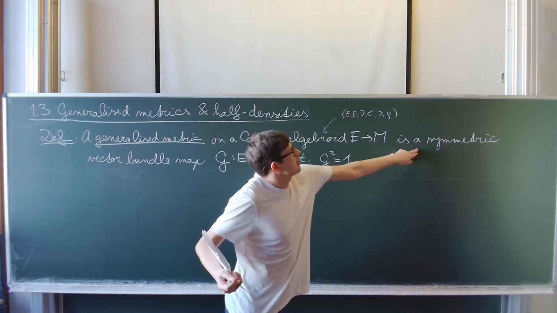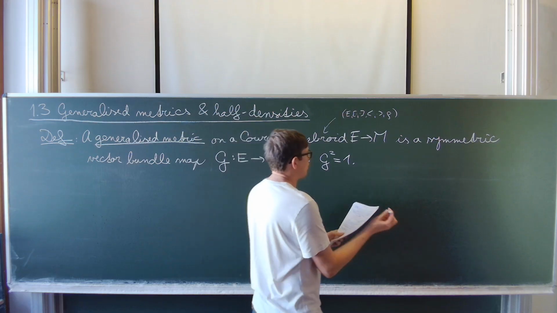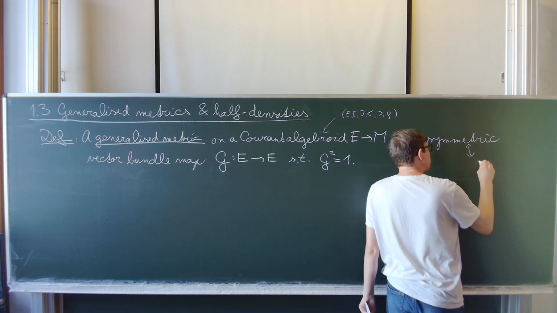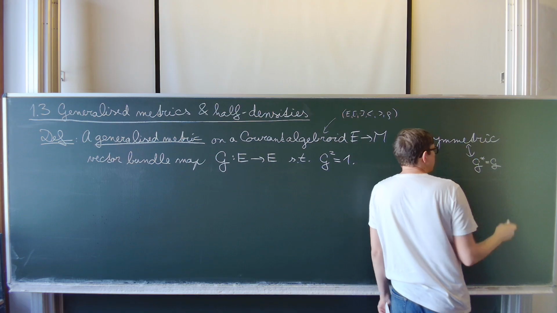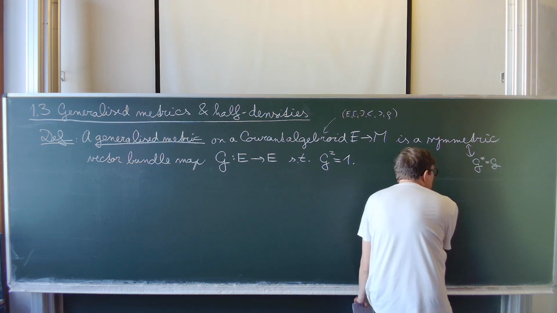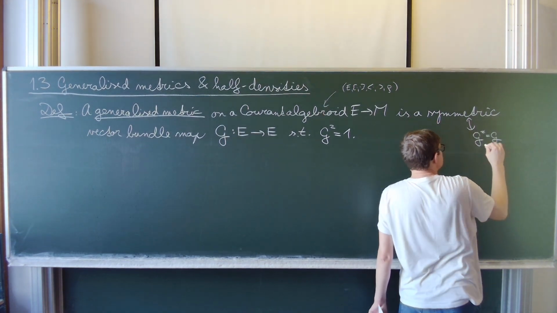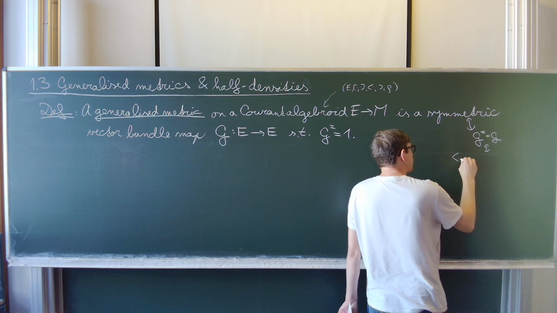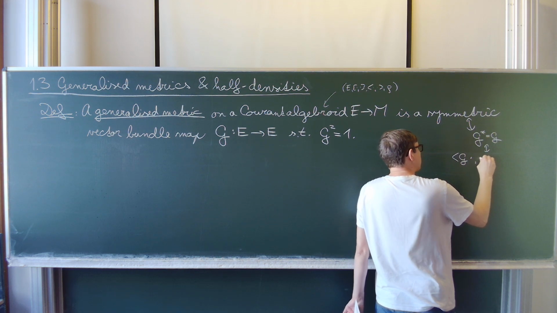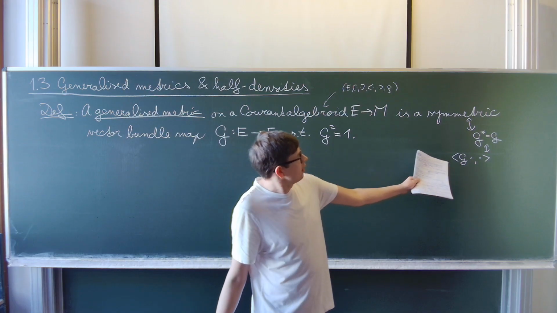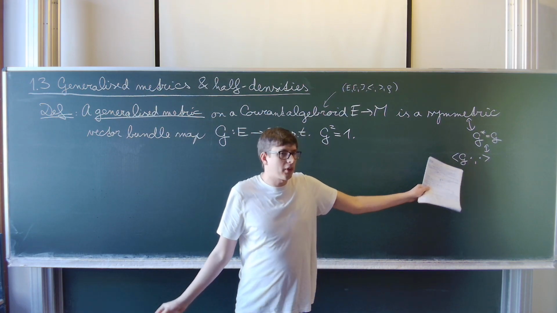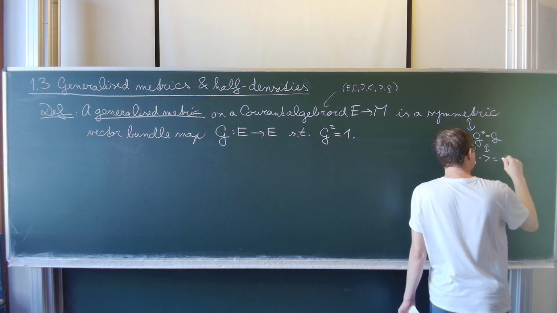When I say symmetric, I mean symmetric with respect to that pairing. So symmetric means that if I take the transpose, it's the same, which is the same condition as saying that if I form a bilinear form by putting G before calculating the inner product, then I want this to be symmetric.